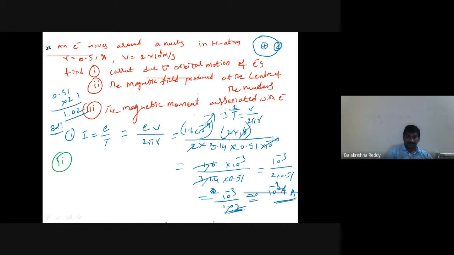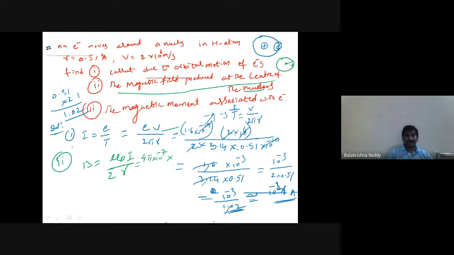This resembles the magnetic field at the center of a circular loop having radius r, which is B equals mu naught I by 2r. Here mu naught is 4 pi into 10 to the power minus 7.